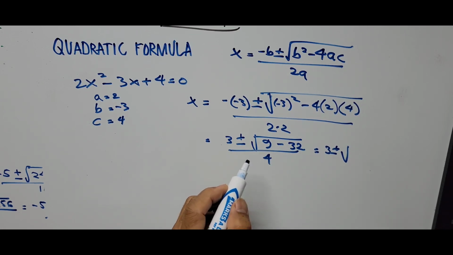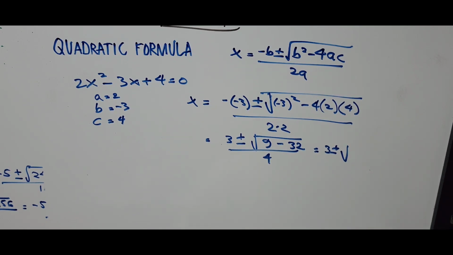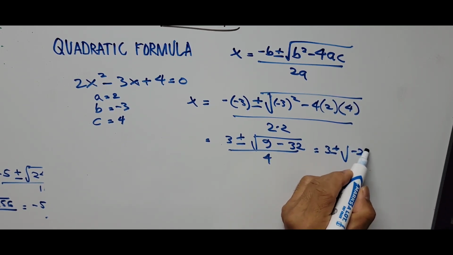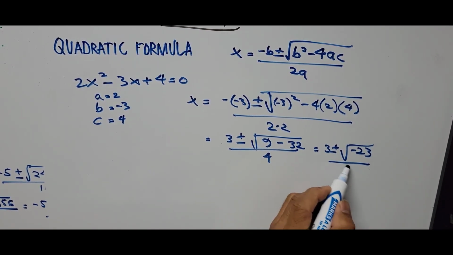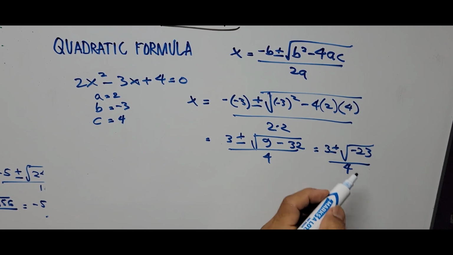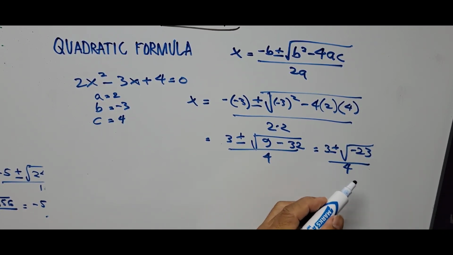How much is that? That is negative 23. We have come to the point where the radicand is a negative number, and we cannot take the root of a negative number.